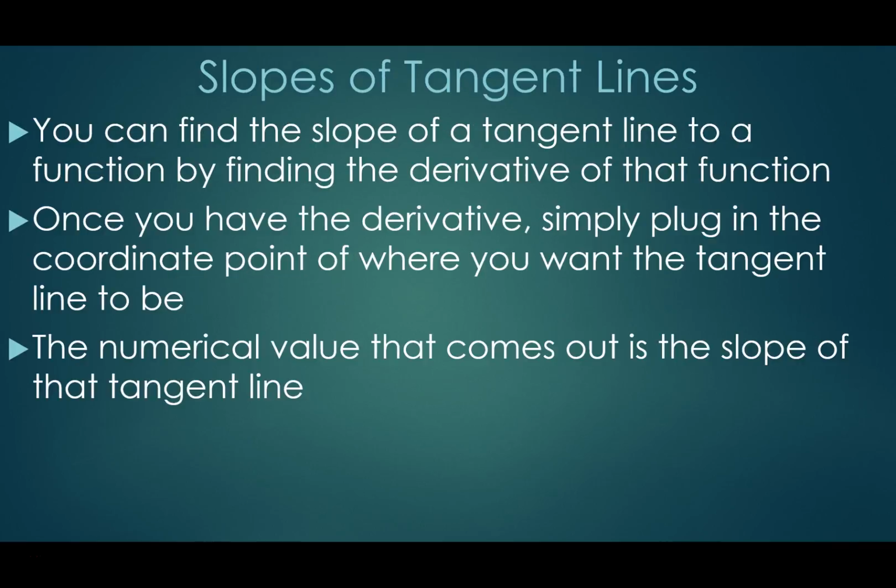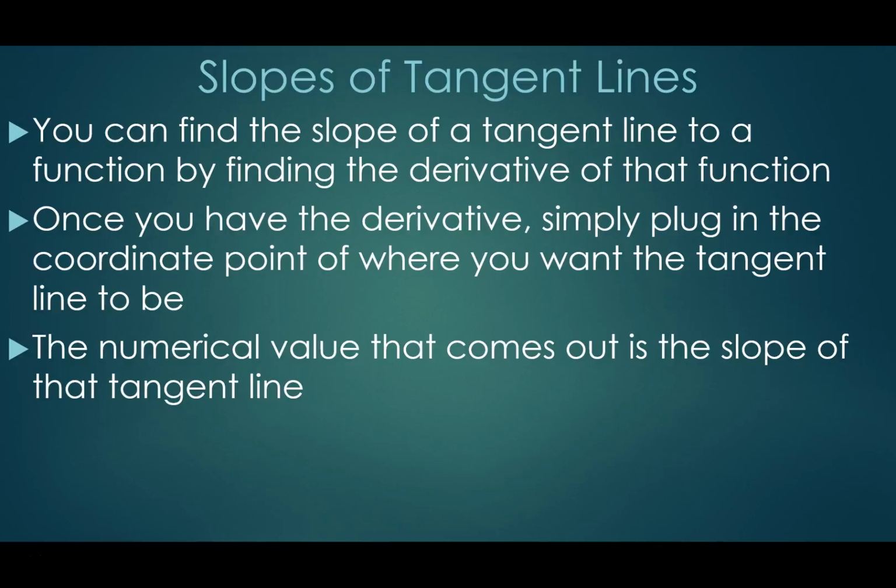Now, the nice thing about this is the slope of the tangent line to a function can be found by finding the derivative of that function. So, in general, when we talk about finding slopes of lines, you need 2 points. But for the most part, if it's tangent to a function, you have the point it's tangent to, and that's it.